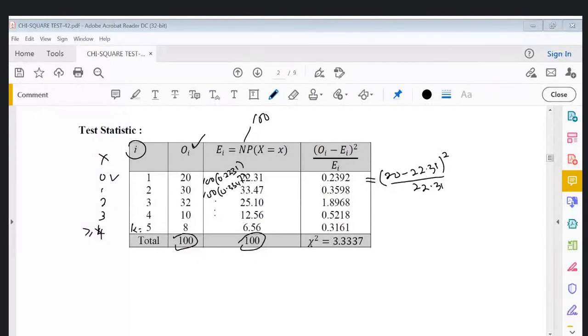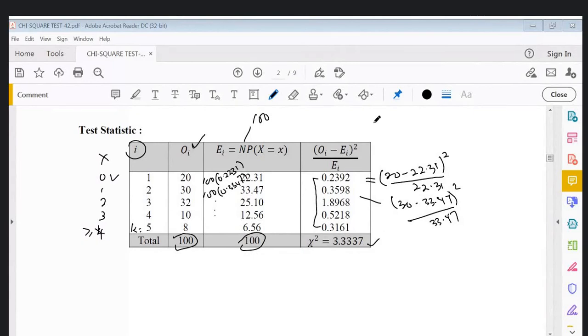It is the same for row 2: 30 minus 33.47, power 2, divided by 33.47. The other rows are the same procedure. The chi-square is the total, you just sum all of these, and we can get chi-square is 3.3337.